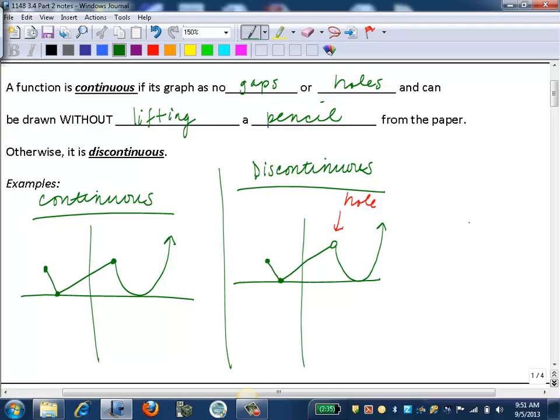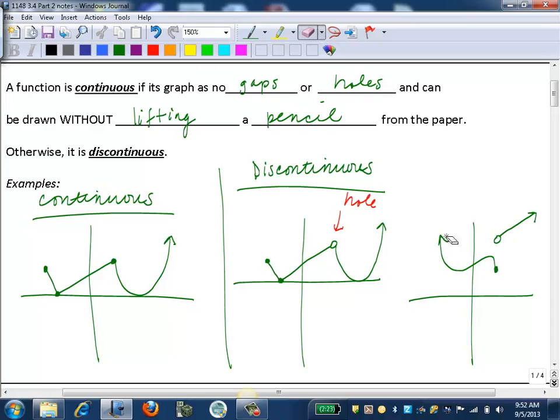Another example would be if there's actually a gap, multiple pieces, and this is leading us up to piecewise defined functions in this section, which we'll talk about shortly. But if we had something like this, here's a piece of a function, a squiggly piece, but then there's a gap, and it jumps up to here where there's a hole, and then it continues on to the right.